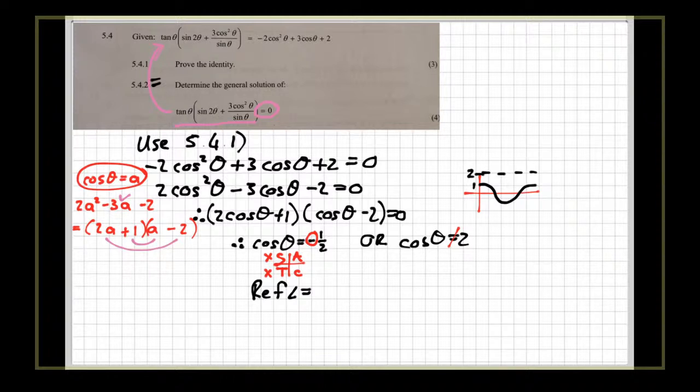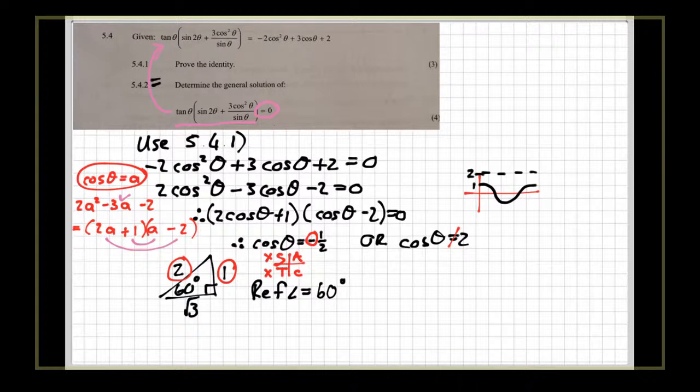So I would ask myself, which special angle for cos gives me a half? Well, that one specifically is my 60 degrees, because that is root 3, 1, and 2. So it's 1 over 2. So my reference angle is 60 degrees.